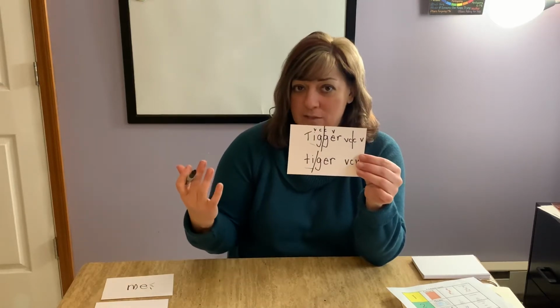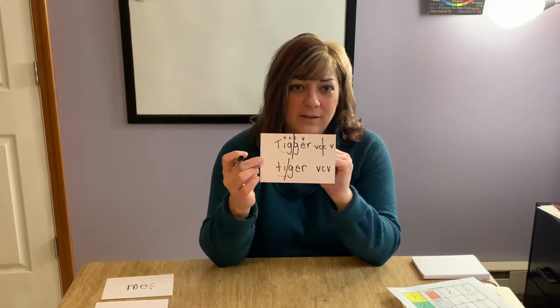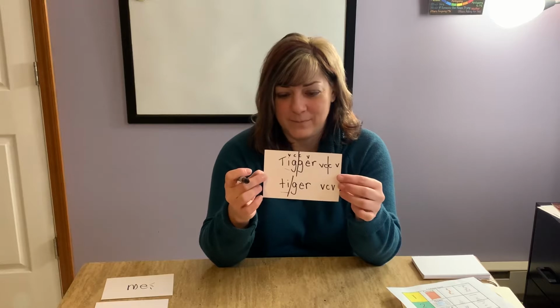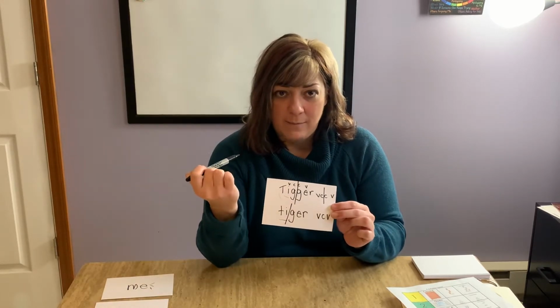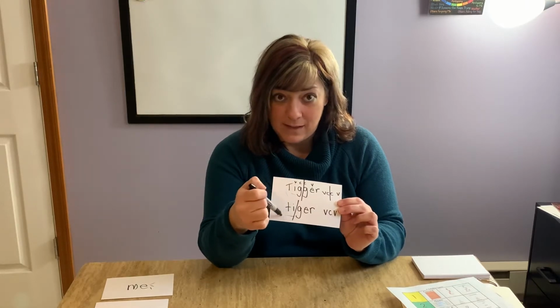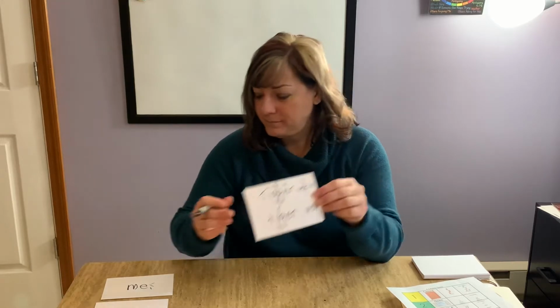So using these strategies and looking for these patterns will help your child to break bigger words into smaller, more manageable parts. So this would be an example of a closed syllable on top with tigger, and on bottom would be an example, at least this syllable, of an open syllable with tiger.